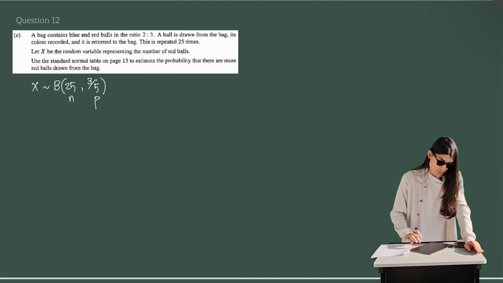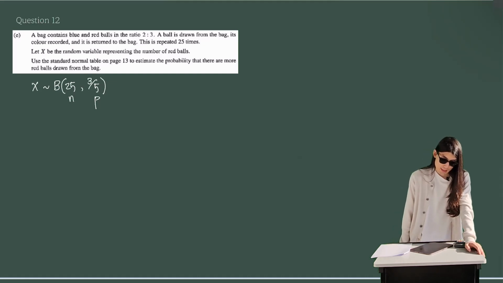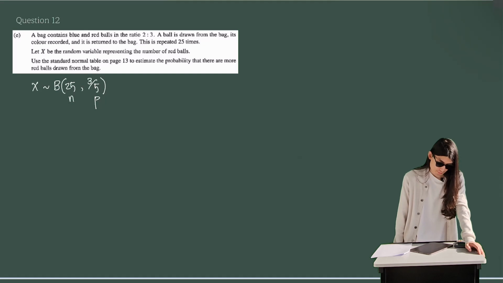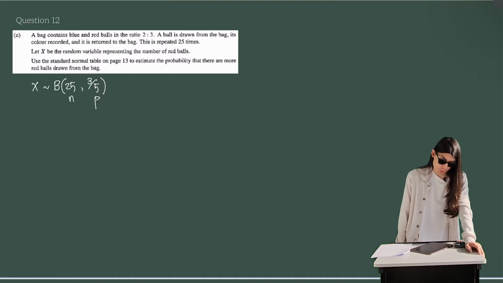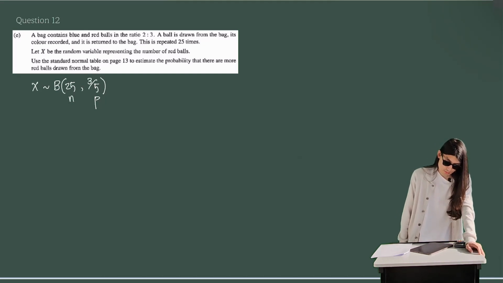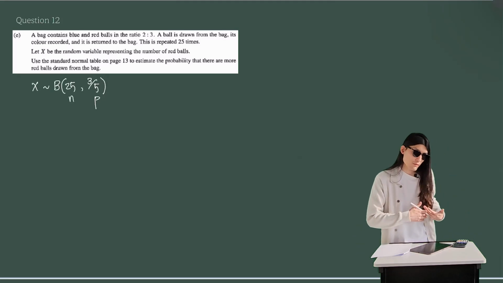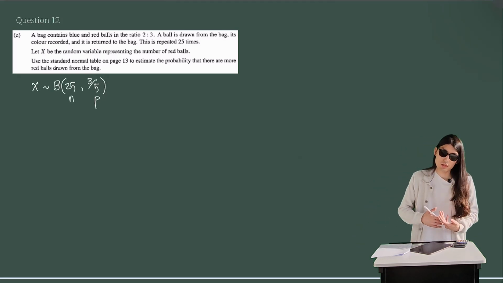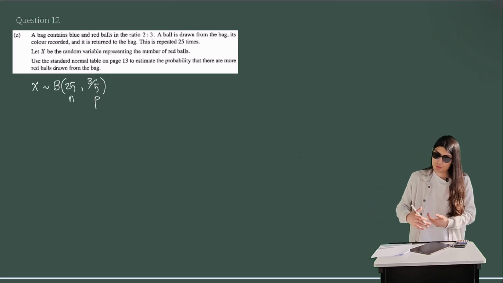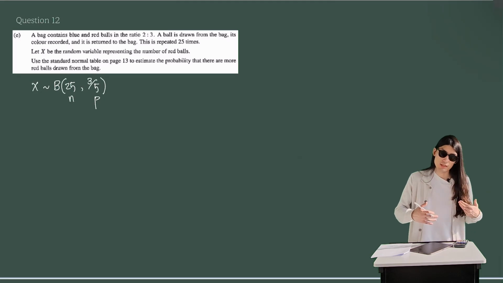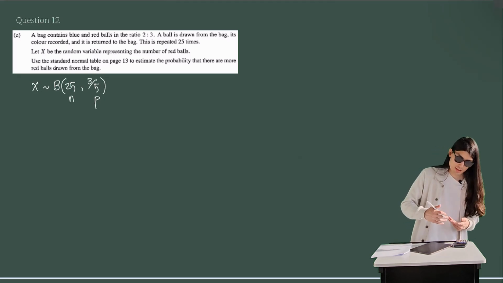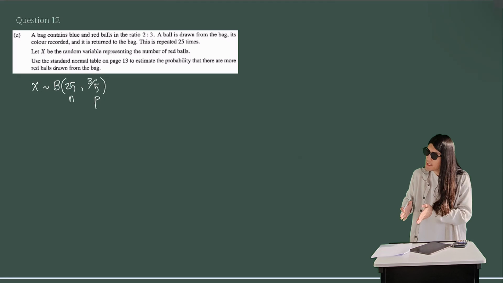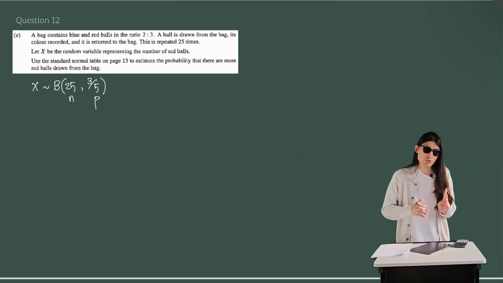Given that, use the standard normal table on page 13 to estimate the probability that there are more red balls drawn. You draw 25 balls altogether. Now, in order for you to have more red balls than blue balls, you guys understand that you would need at least 13 red balls, wouldn't you?